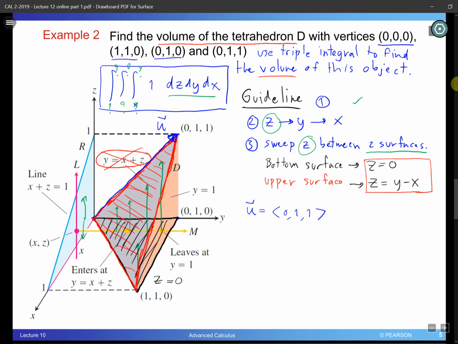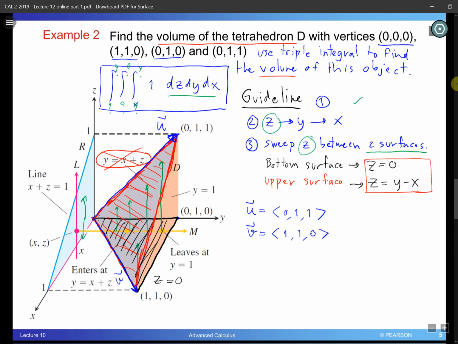Now we use another vector on the plane from the origin to this vertex 1, 1, 0, and we can find the vector by subtracting the initial point from the destination. So v here is going to be equal to 1, 1, 0. And by having these two vectors, you can find another vector that is orthogonal to both of them.